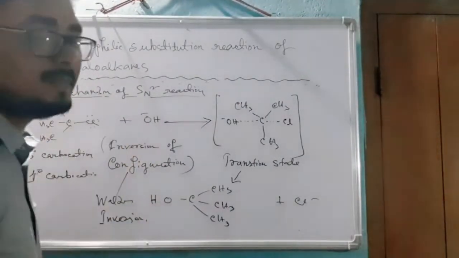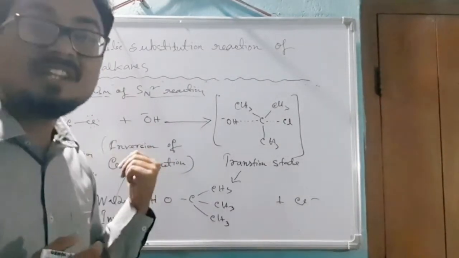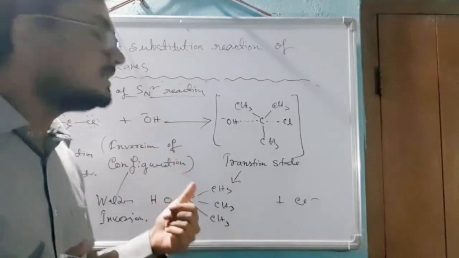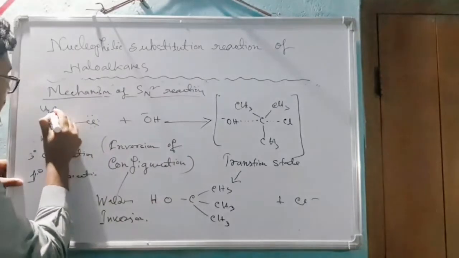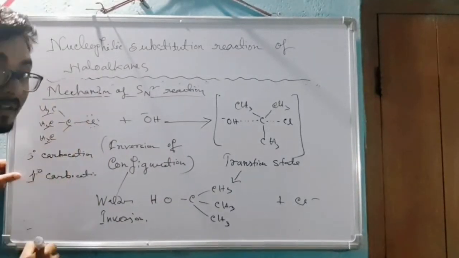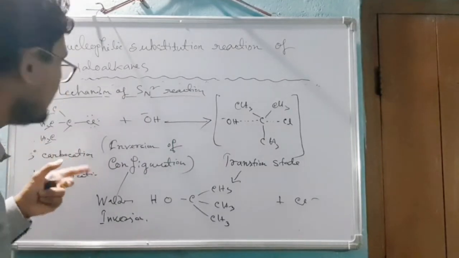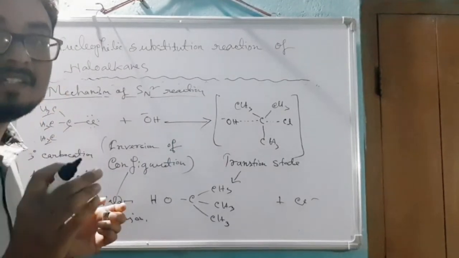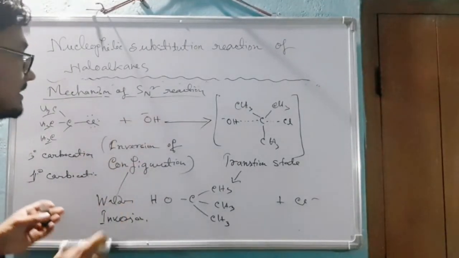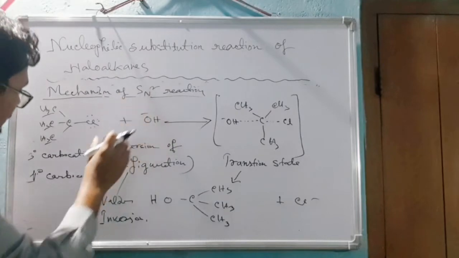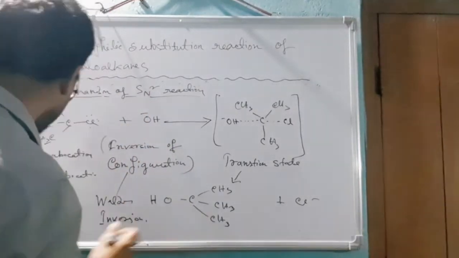In the mechanism of Sn2 reaction, we have clearly seen that 3-degree carbocation is less stable because three bulky groups are present, so steric hindrance is created and the nucleophile cannot enter easily.